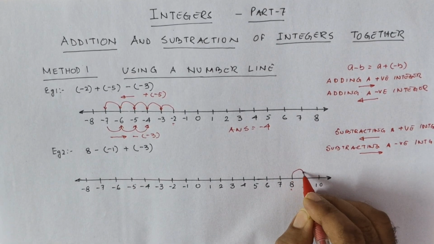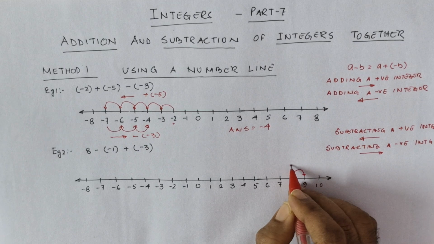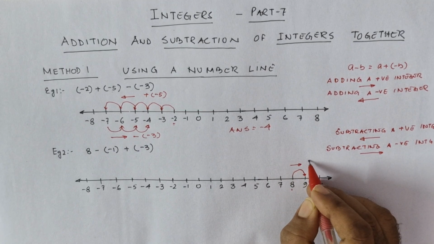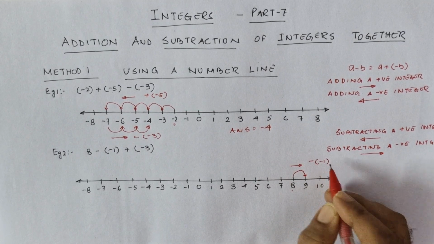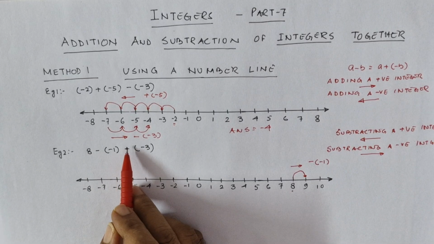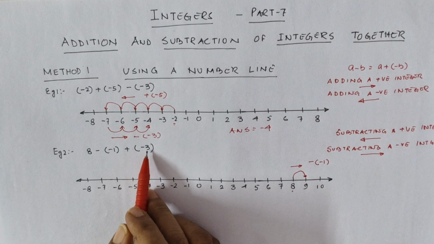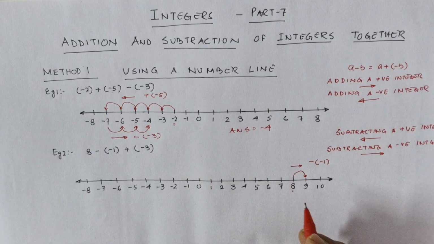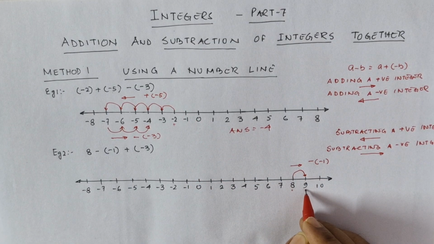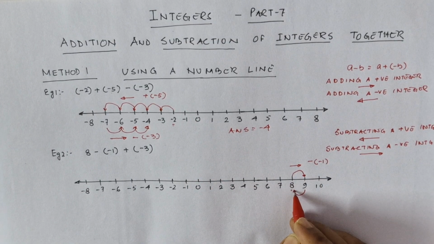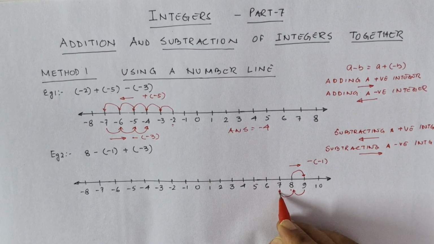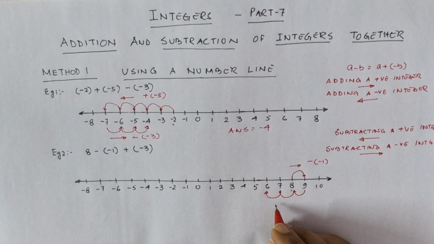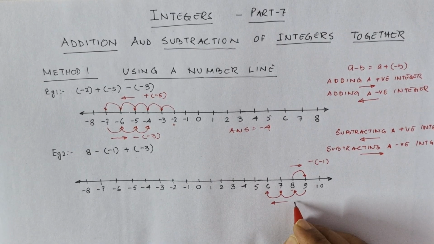So I'll go 1 place. I'll give this arrow, then I'll write minus of minus 1, right? Then I am adding a negative integer, so I have to move towards the left. From here I have to move 3 places towards the left. Got it? So I'll write, okay.